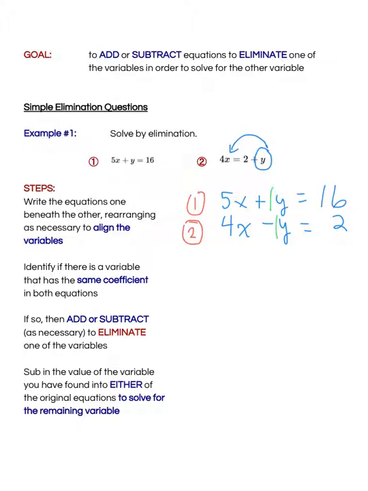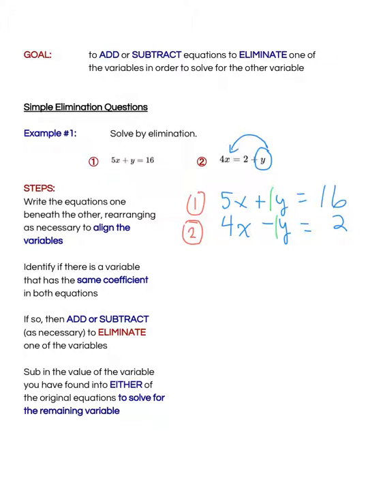But let's take a look at what happens if I add these two equations together. Then I end up with 1y, that's this one up here, plus negative 1y, that's this one right here.